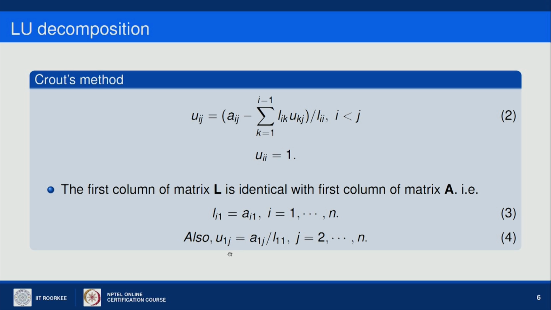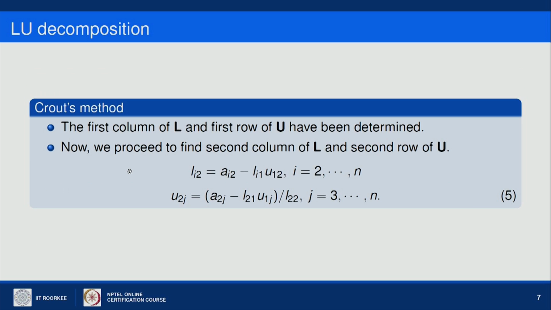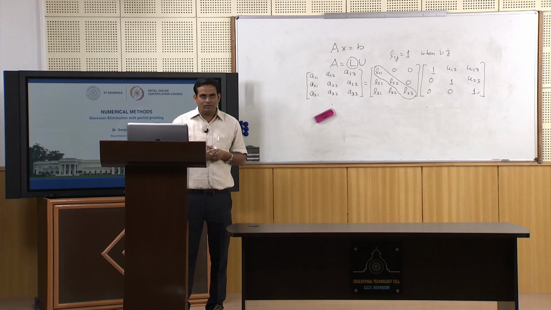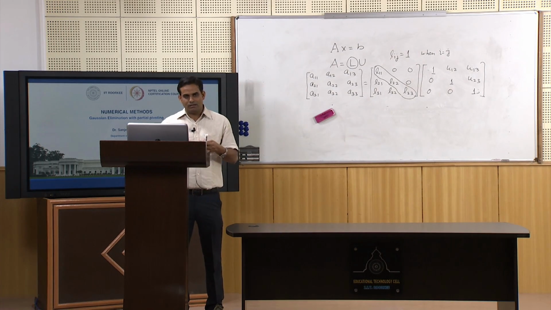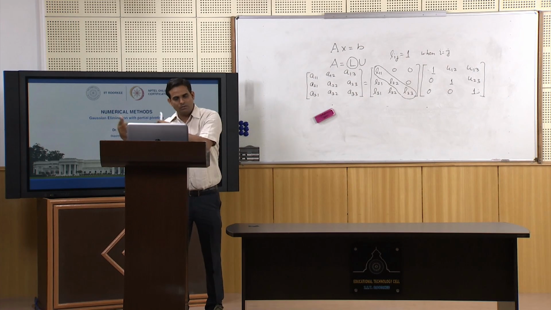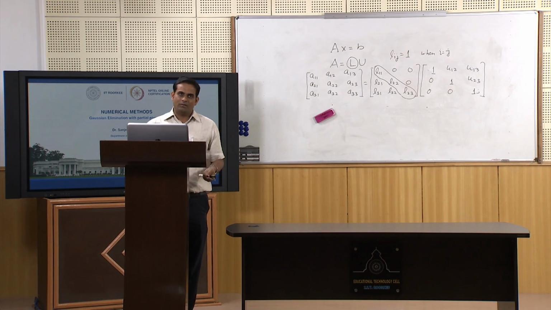In the first row, we can calculate all U1j, that will be A1j upon L11, where j equals 2 to n. We take j from 2 because U11 is already fixed as 1. So the first column will give you the entries L11, L21, L31 and so on, and the first row will give you the entries U11 is 1, U12, U13 up to U1n.